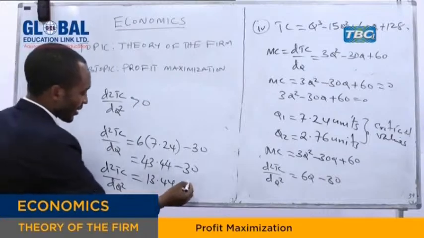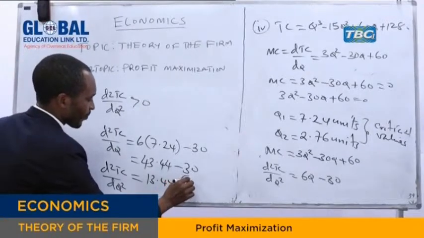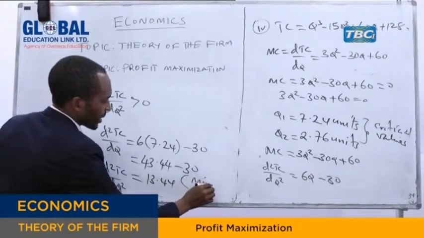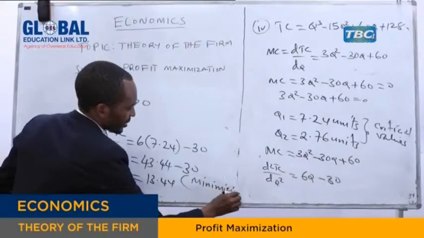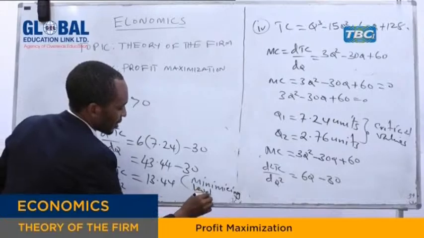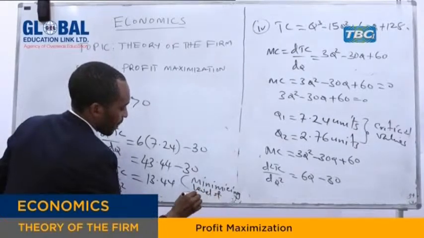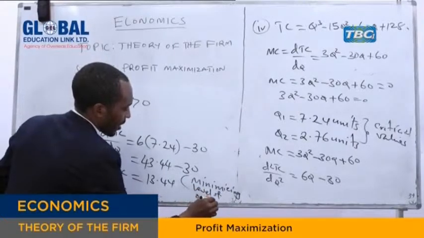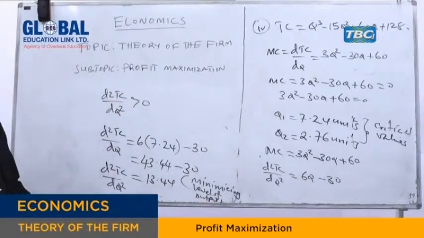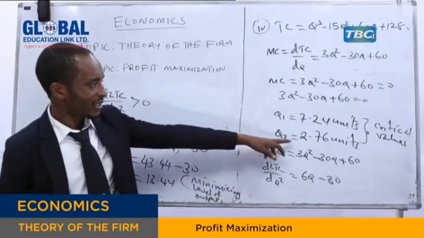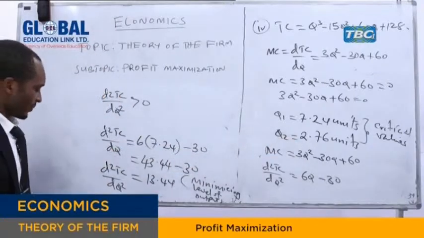So this one will be the minimizing level of output, the output which minimizes the cost. So let us substitute this in our equation.